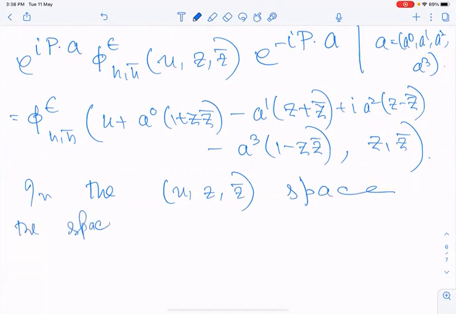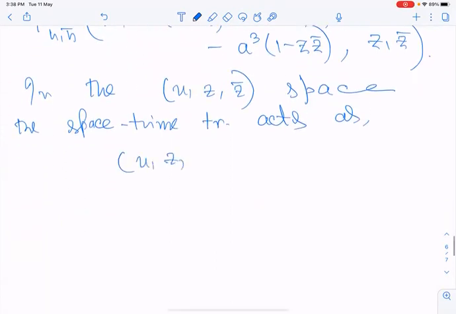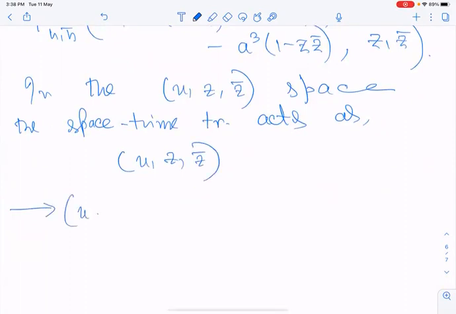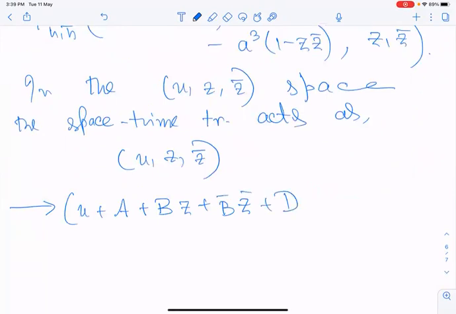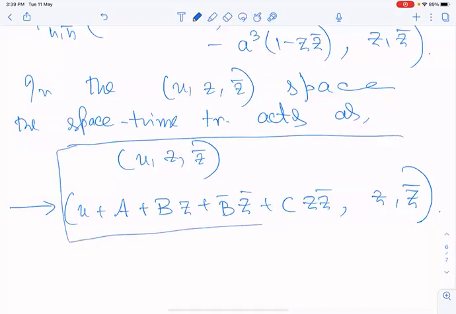the space-time translation acts as u plus some A plus B z plus C z bar, or okay, C should be at least for here, I take this to be B bar and B. Okay, so this is how you can think of these three-dimensional fields as living in this space u z z bar on which the space-time translation acts in this way.